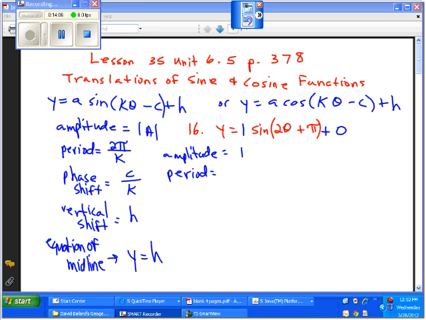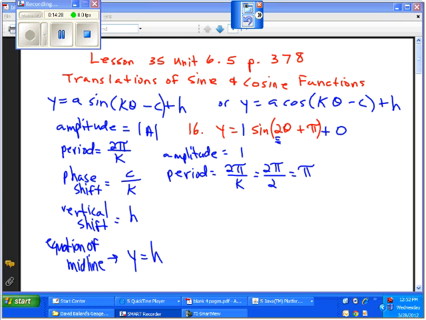Well, the period formula is 2 pi over k. What's the value of k? That 2 right there. So it's 2 pi over 2, which is pi. So my new period is pi. Now, we do something with that period.